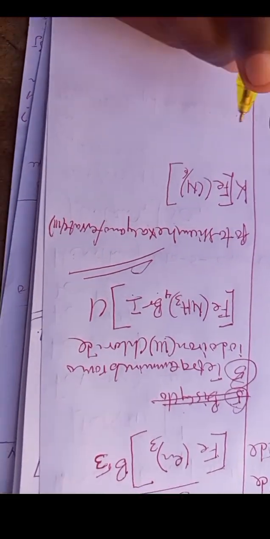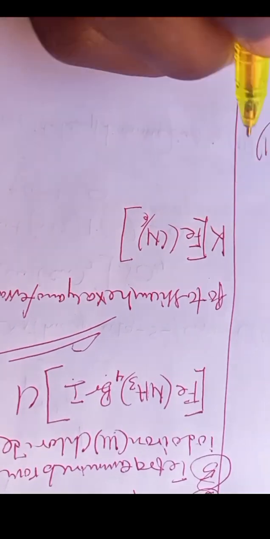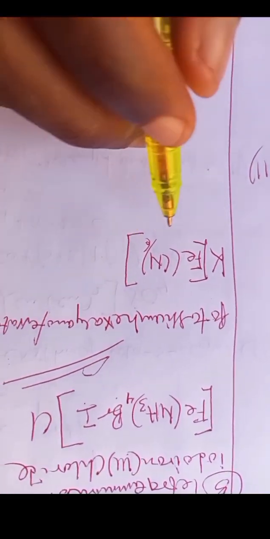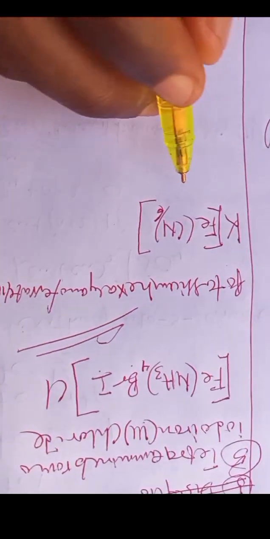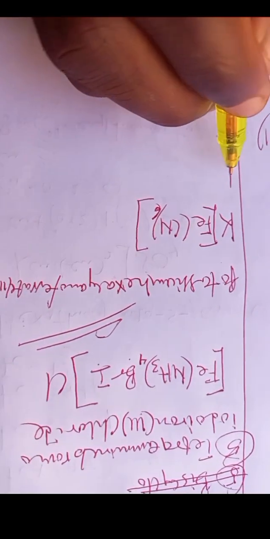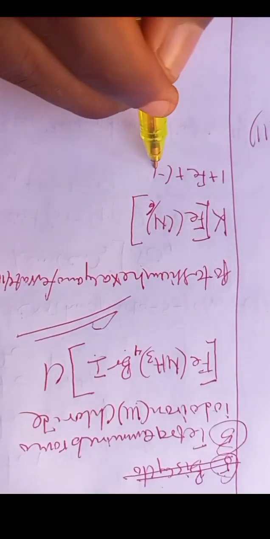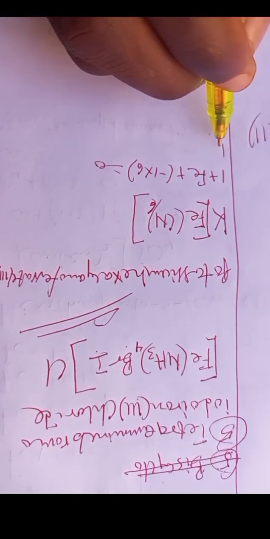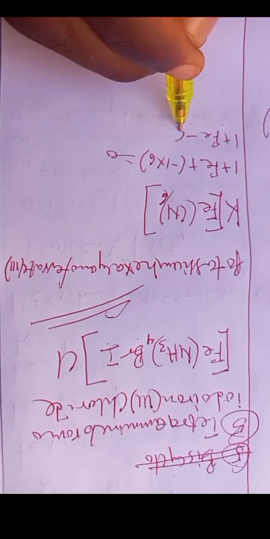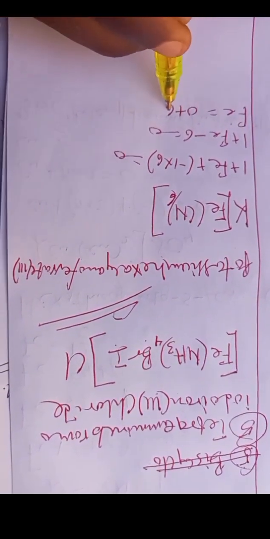Now, let's calculate the oxidation number for this to know whether we're going to put something here for K or not. You know, this will be 1 plus Fe plus open bracket minus 1 times 6 is equal to 0. So this will now be 1 plus Fe minus 6 is equal to 0. End of the day, you're going to have Fe is equal to 0 plus 6 minus 1.